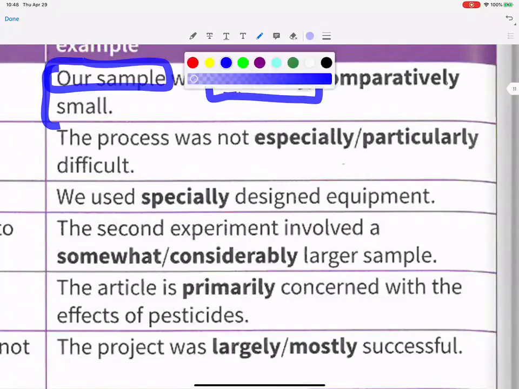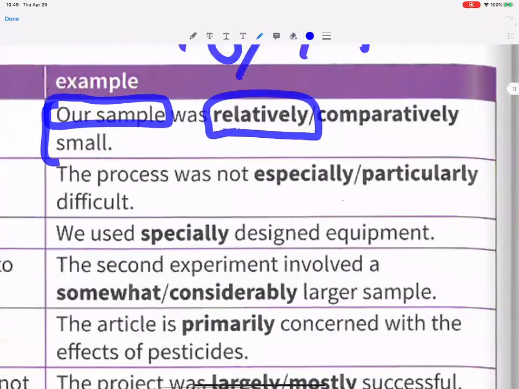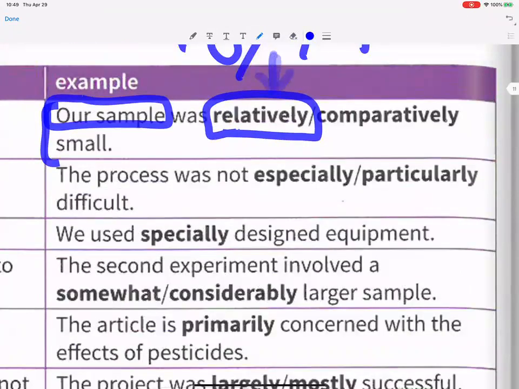That's right. Let's say I'm doing a survey and I ask 10 people. That is my sample, just the people that I ask. But why would I use a comparing adverb when there is nothing here comparing?